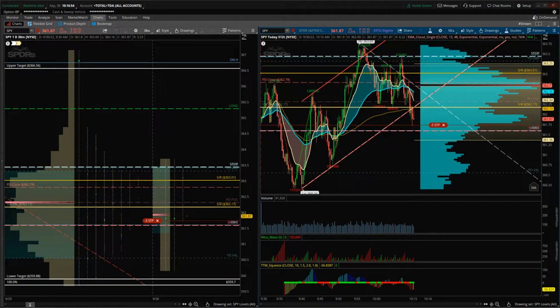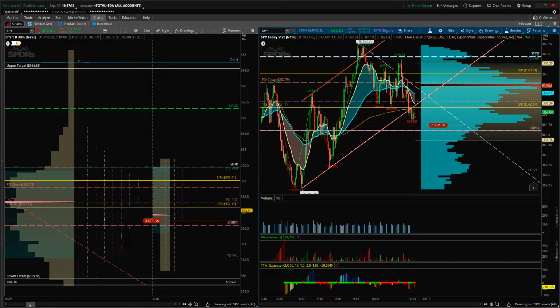All right, we caught the right side of volatility at least. Doesn't look like she wants to get back above VWAP, though. So we may be taking a loss on this first position. But also we might not. That's why we have a stop loss.